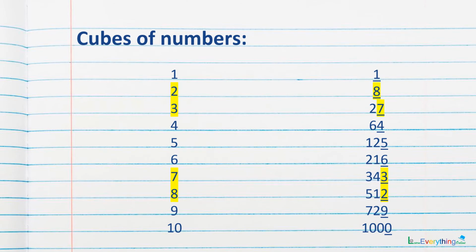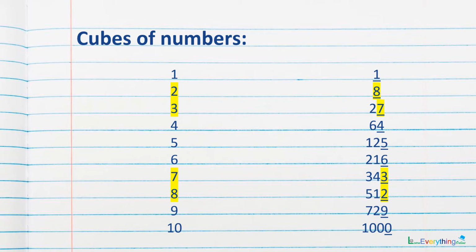Let's see the cubes of numbers. So 1's cube is 1, so 1 is underlined. 2's cube is 8, 3's is 27, 4's is 64, 5's is 125, 6's is 216, 7's is 343, 8's is 512, 9's is 729, and 10's is 1000.